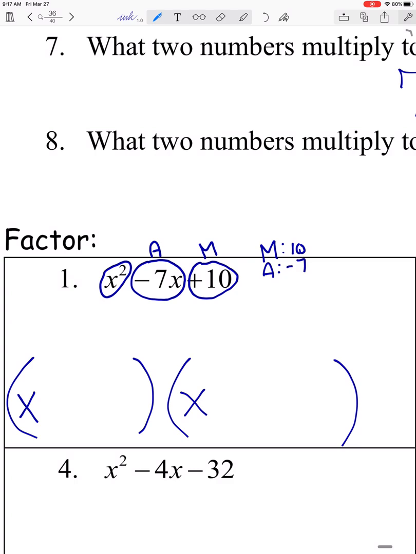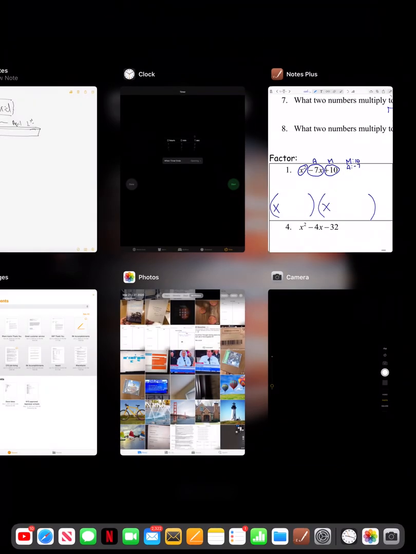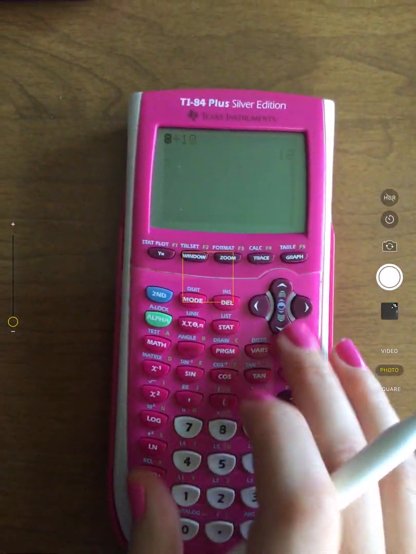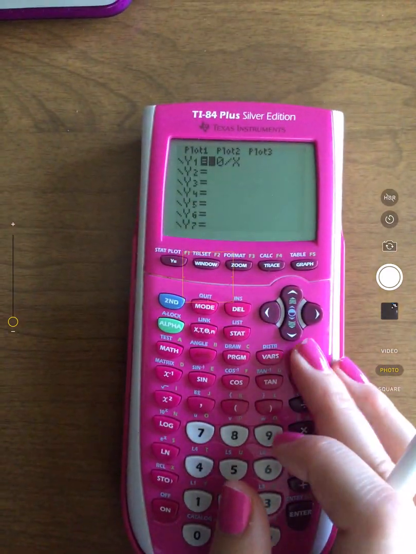So let's take a look. I'm not really good with negatives in my head. I'm sure a lot of you struggle with that too. That is okay. We're going to use our calculator. I go to my calculator and go to y equals.